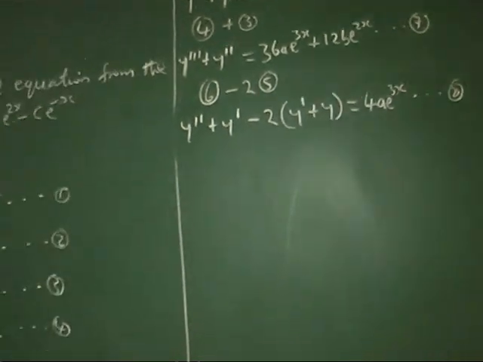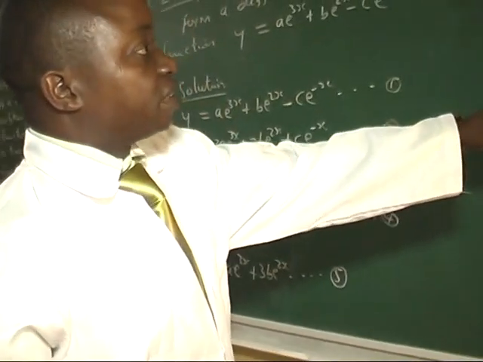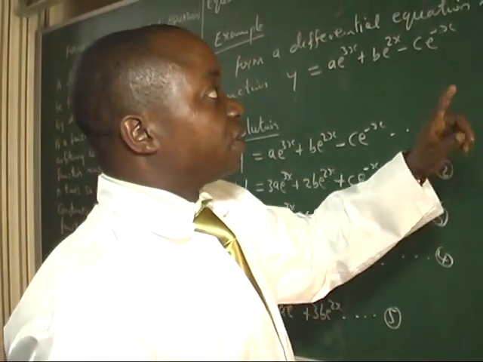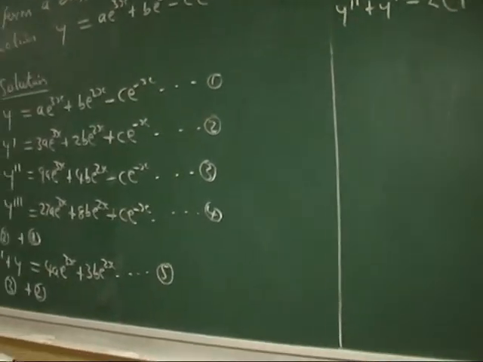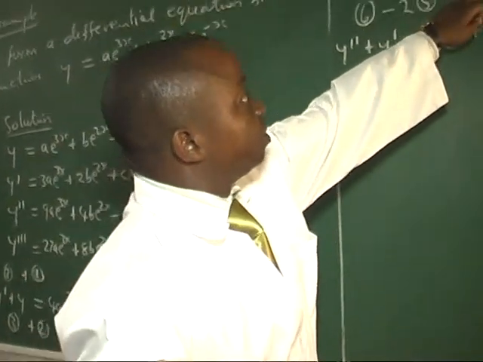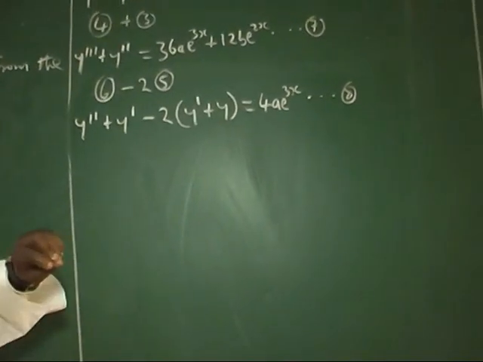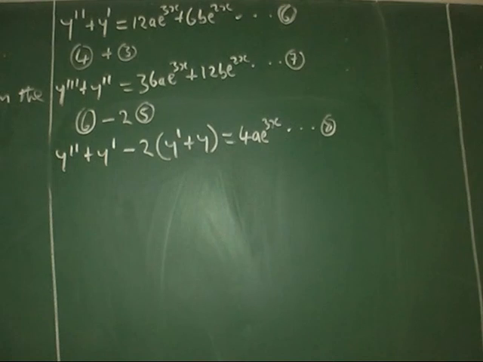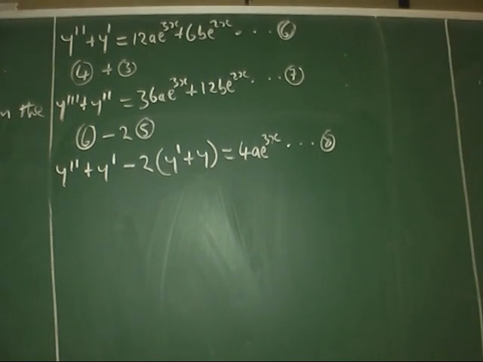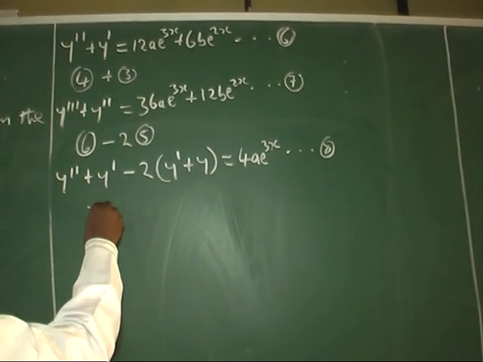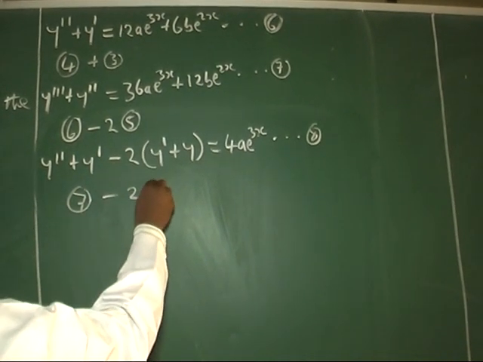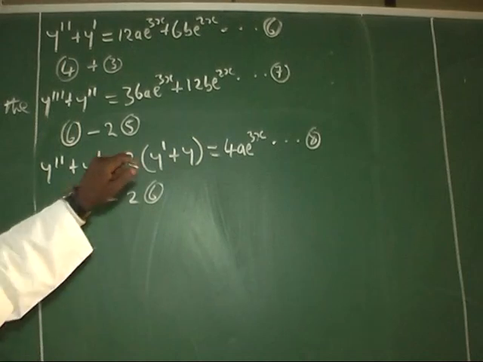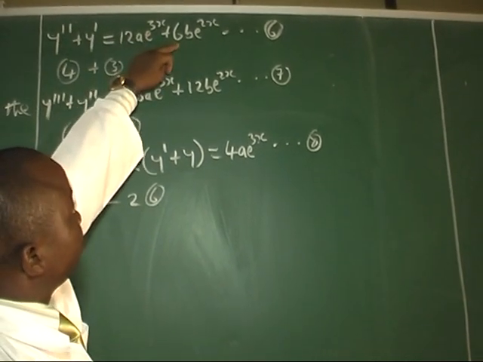So we see that we have succeeded in removing b in that one, but we still have again to remove b in this equation 7. And for us to do that, we see that equation 7 minus 2 times equation 6 will make this become 12.